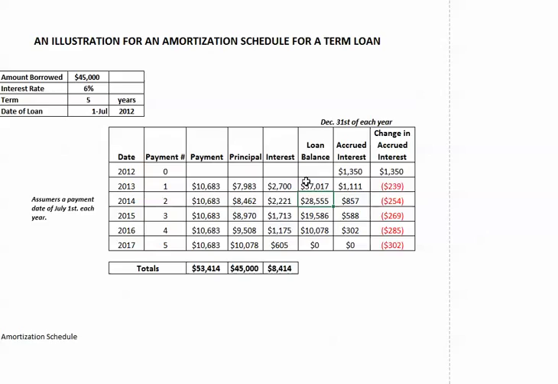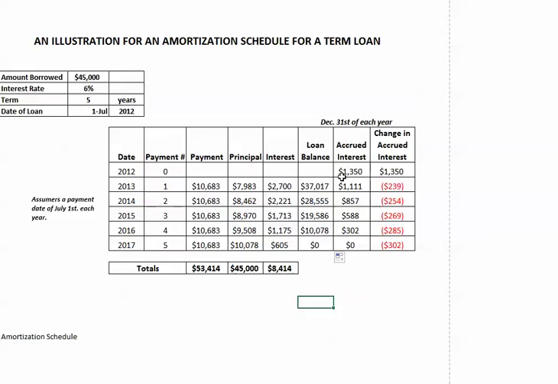And that's where that 37,000 comes from. Now in the next year, your loan balance would be equal to the 37,000 balance in 2013 minus the principal of the next year. And then when you grab that and pull it down, you know that when you finish it, you will have a zero loan balance. You've paid the loan off.